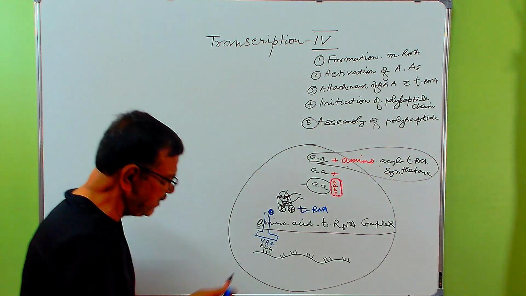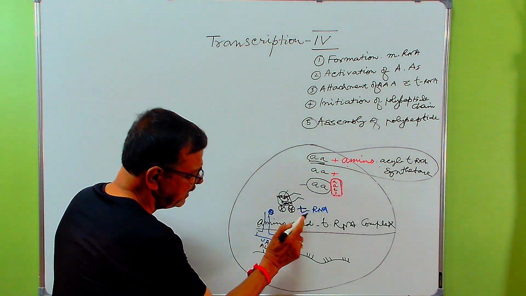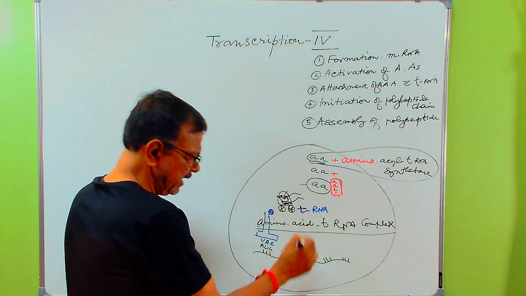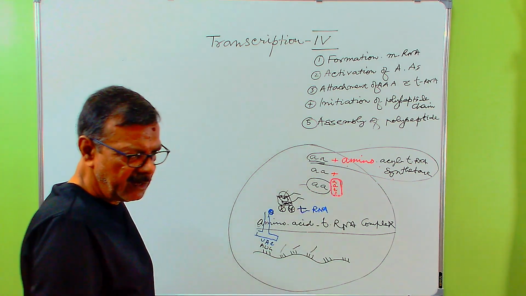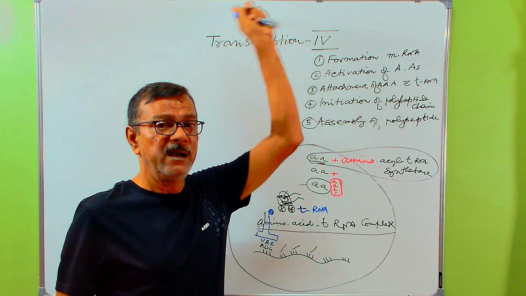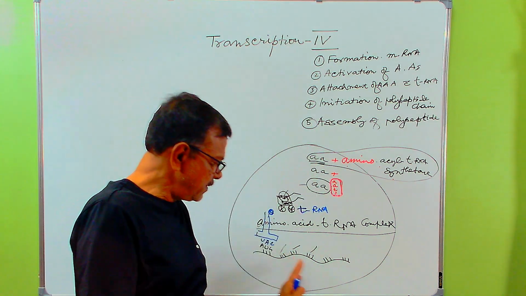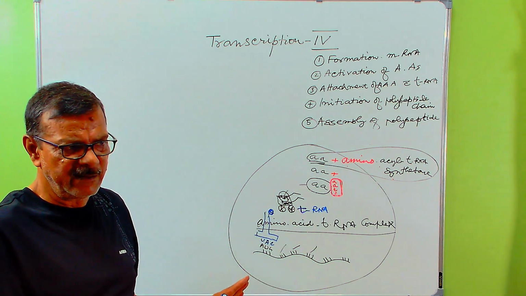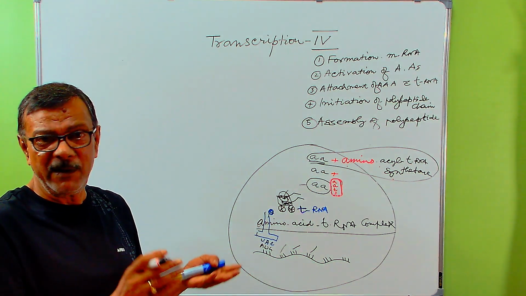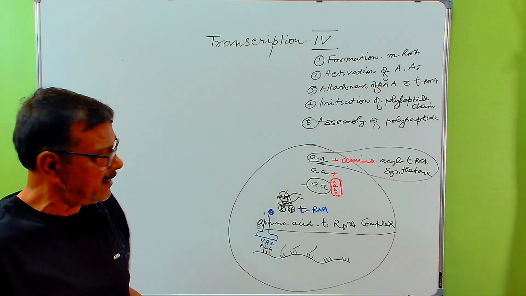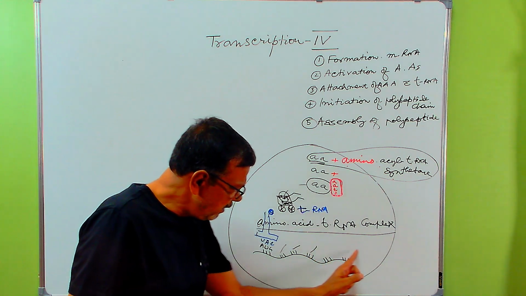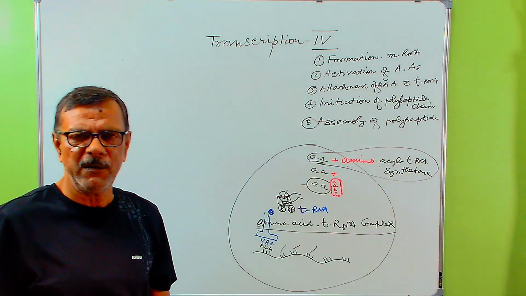So this is for methionine. This is another tRNA for valine, another for leucine, another for isoleucine, as per the direction of the DNA. So it is a small stretch, but I have said that in hemoglobin 574 amino acids are there. So there should be 574 amino acids in this.